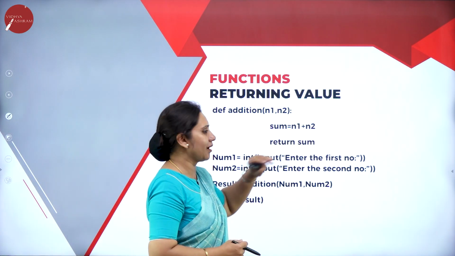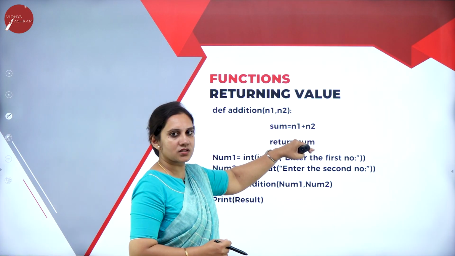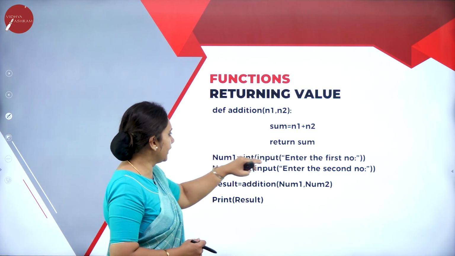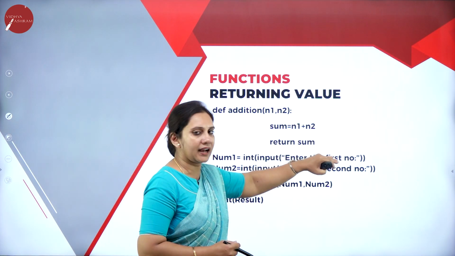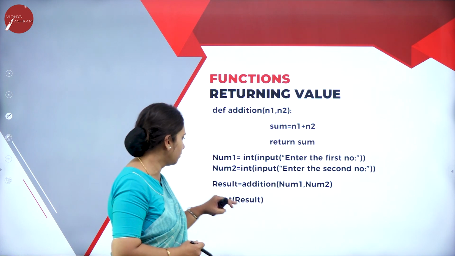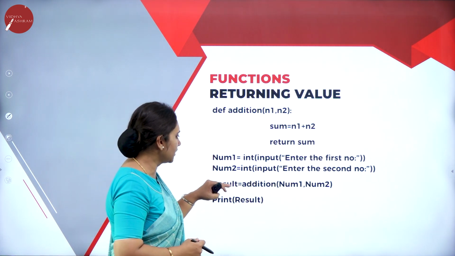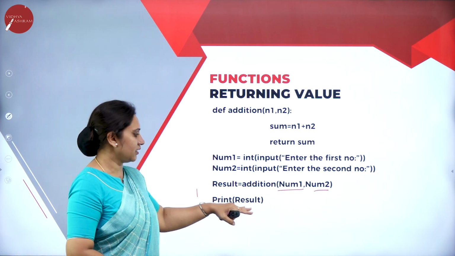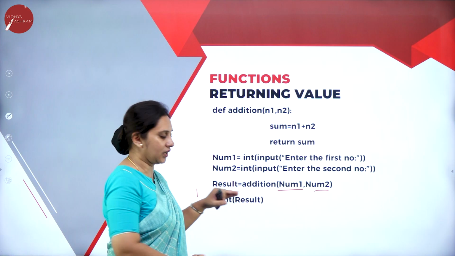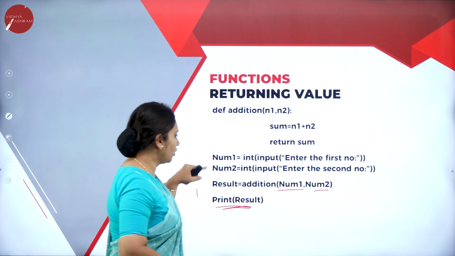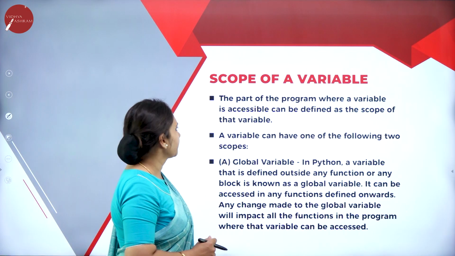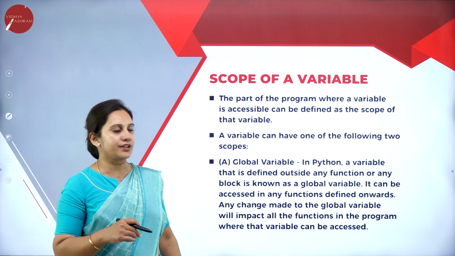So return sum returns whatever the function computes. Then num1 input statement, num2 input statement: enter the first number and enter the second number. Here you can observe that result is equal to addition of num1 and num2, print result. So the return statement goes back to the result and gives you the result. So that is about the function returning a value.